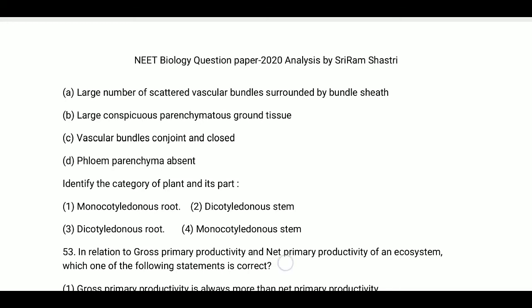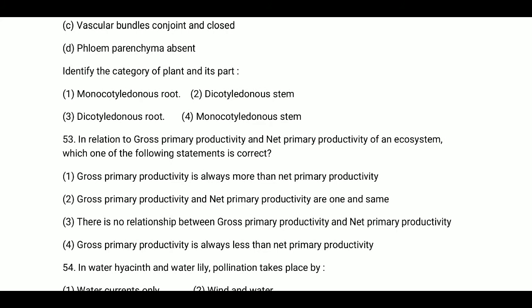Okay. In relation to gross primary productivity and net primary productivity of an ecosystem, which of the following statements is correct? GPP is always more than NPP. GPP and NPP are one and the same. There is no relationship between gross primary productivity and net primary productivity. Gross primary productivity is always less than net primary productivity.